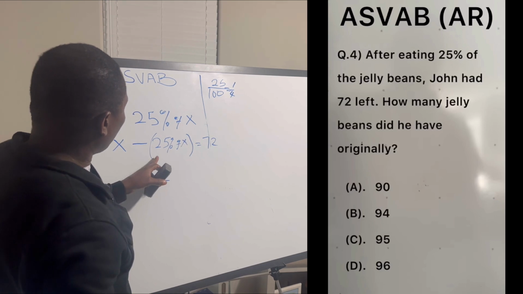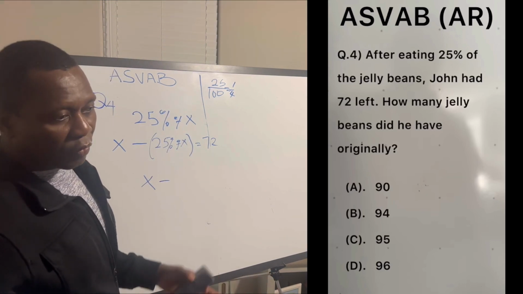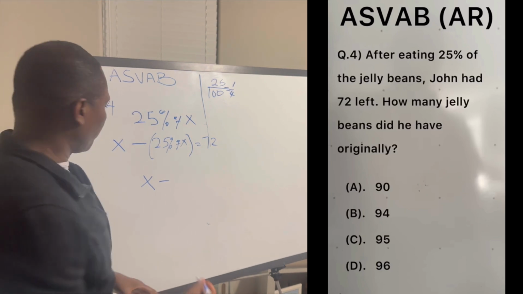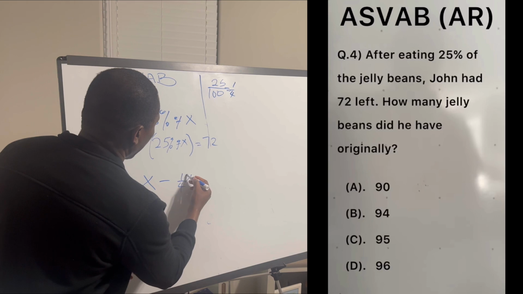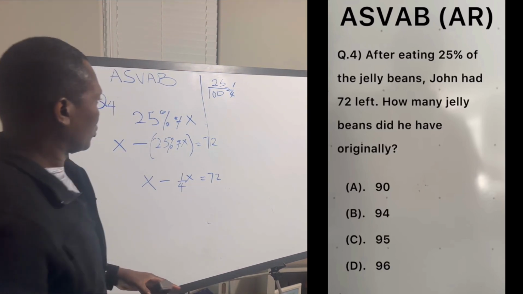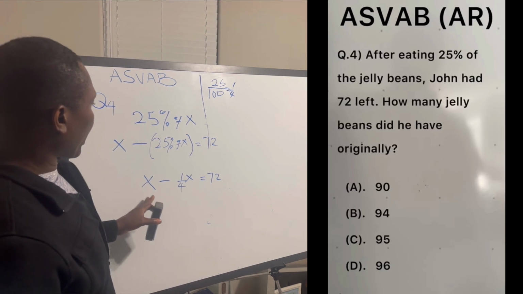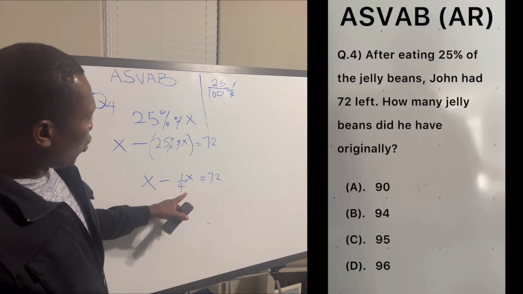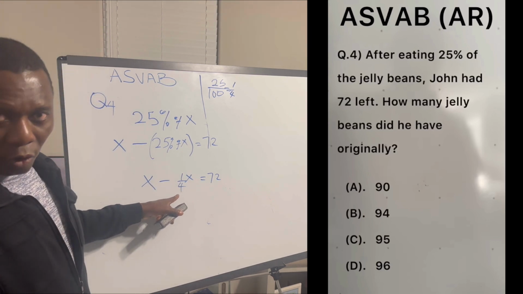So they ate a quarter of the jelly beans. So 1/4 of X jelly beans equals 72. In order to get a balanced equation, we multiply each side by 4.